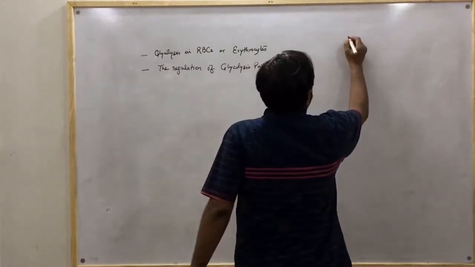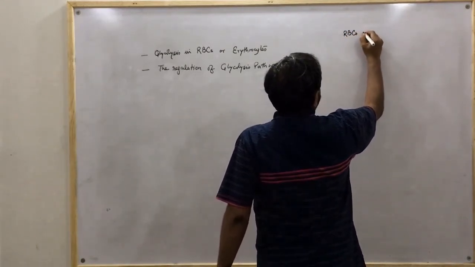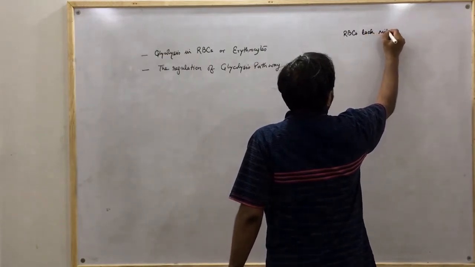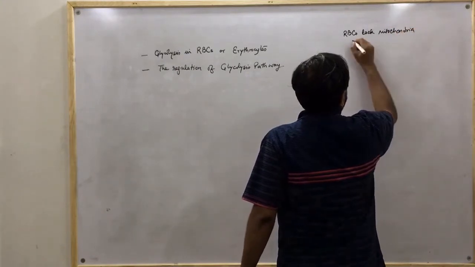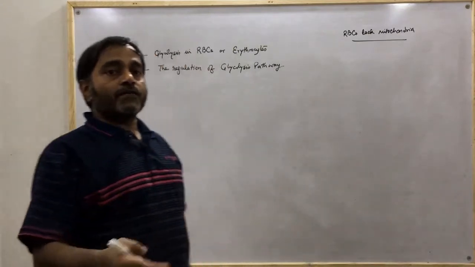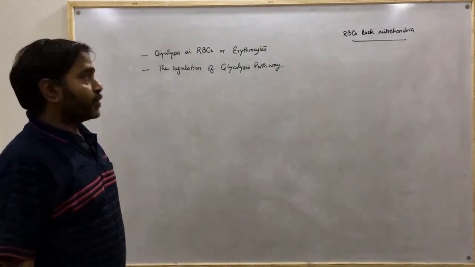So RBCs lack mitochondria. It means the further oxidation of pyruvic acid, whatever is formed as the end product of glycolysis, cannot be processed.